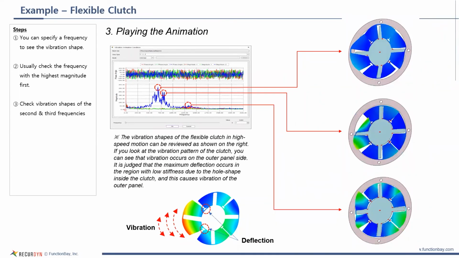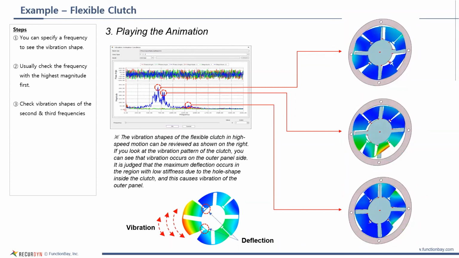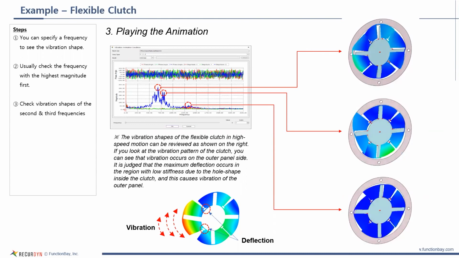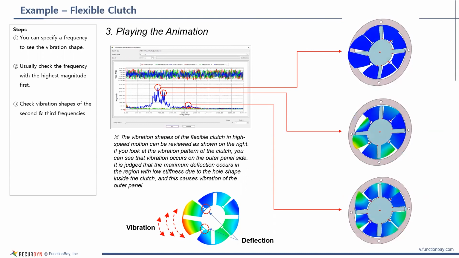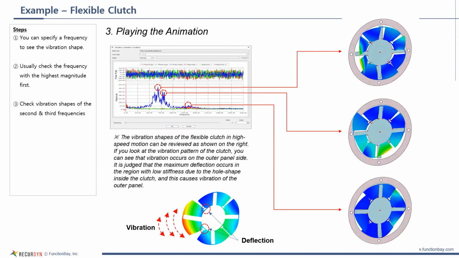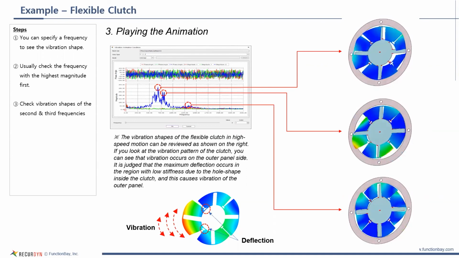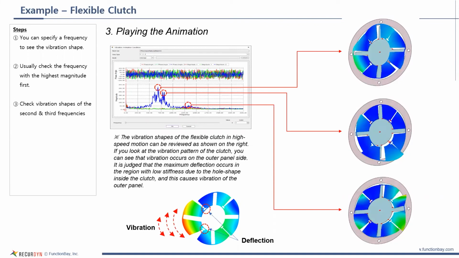And so, we're looking at the first, second, and third areas of peaks here. And as we look at these outputs on these shapes, we can see that we're getting quite a bit of movement, really on both sides, the inner and the outer edges, but most especially on the outer edges.